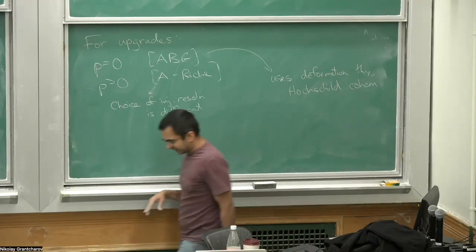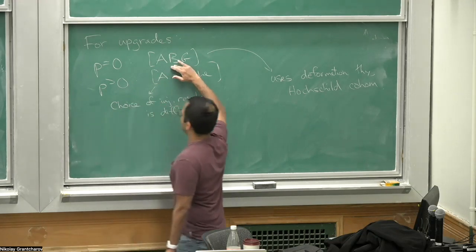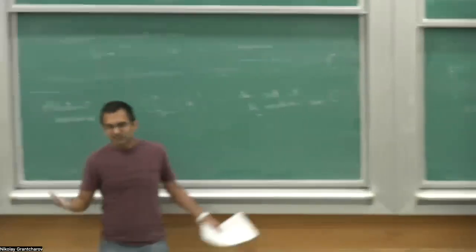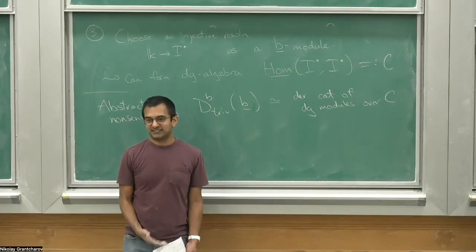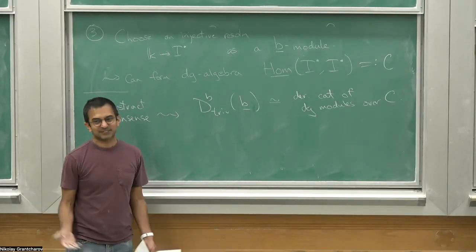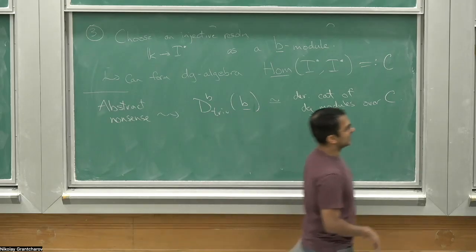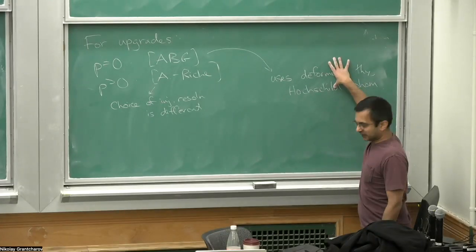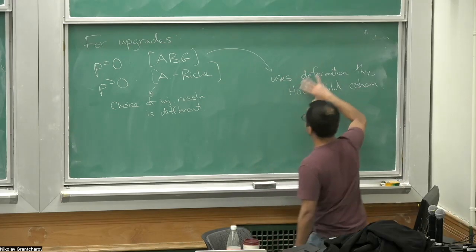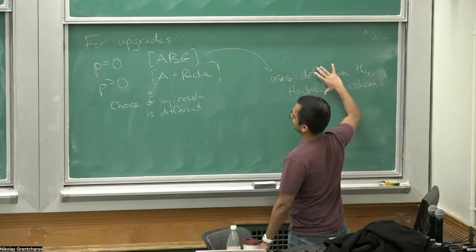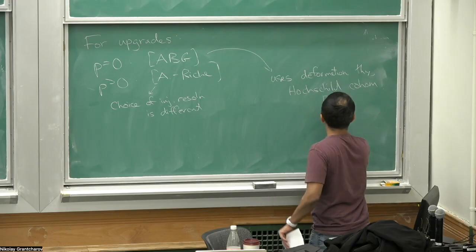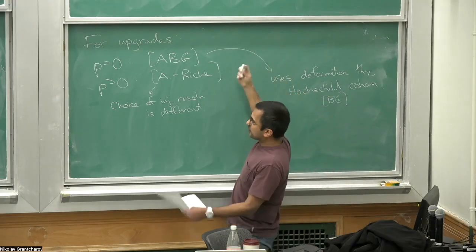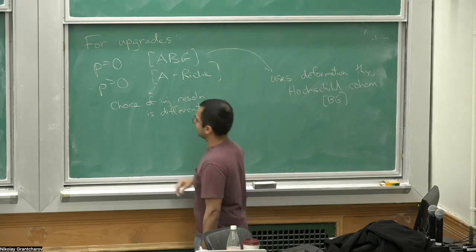So the thing is that in ABG, the injective resolution they pick, you can start with anything, just take an injective resolution, of course it exists. And then the hard work is in this machinery, and this is in a separate paper by BG, and it provides a machinery to carry out these upgrades.